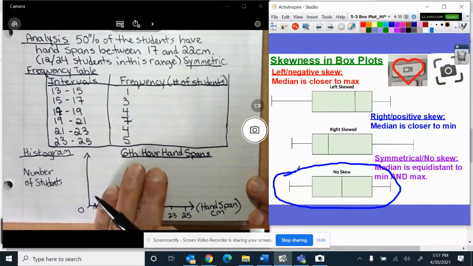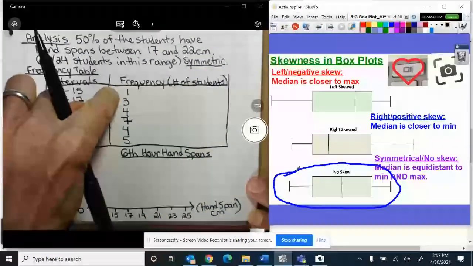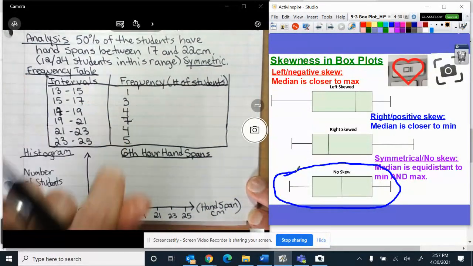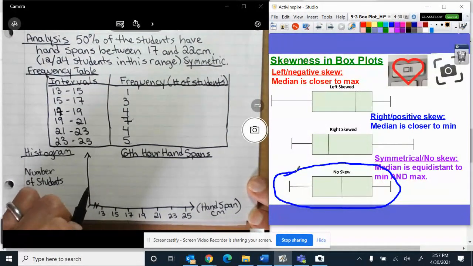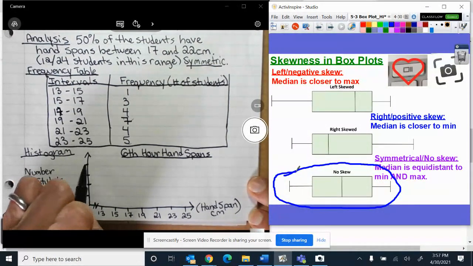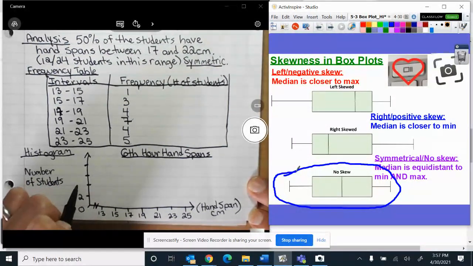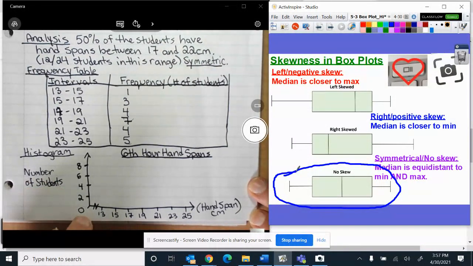Now we're going to create the bars that will be the exact same as our frequencies. So I'm going to number the y-axis going up by 2s. 2, 4, 6, 8. Notice there's 2 spaces or 2 students between each increment, so I don't need a break vertically.